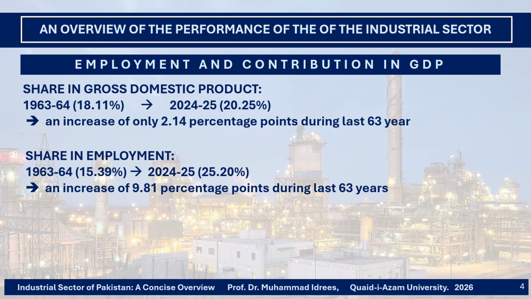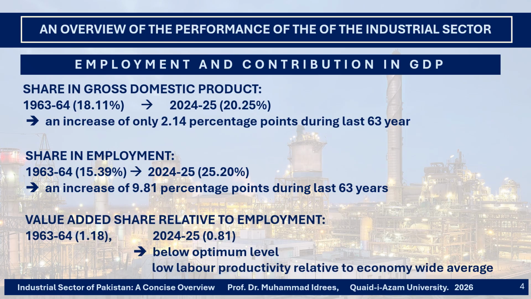In 1963-64, its share in employment was 15.39, and now its share in employment is 25.25. So there is an increase of 9.81 percentage points during the last 63 years. So this shows that over time, the industrial sector is absorbing more and more people. Apparently, it seems to be very good.